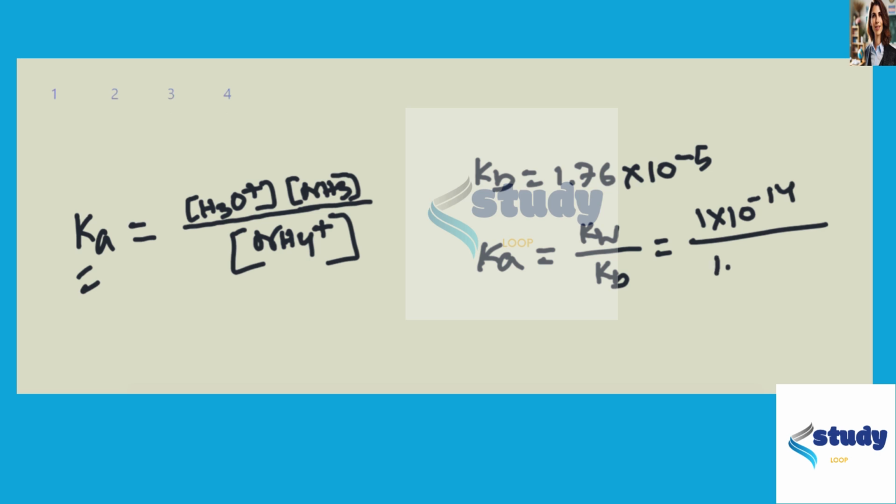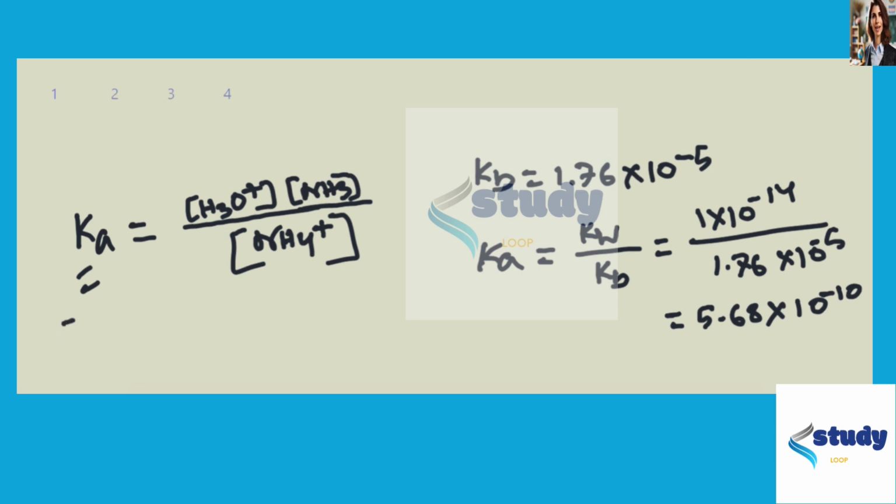The result gives us Ka as 5.68 times 10 to the power minus 10.